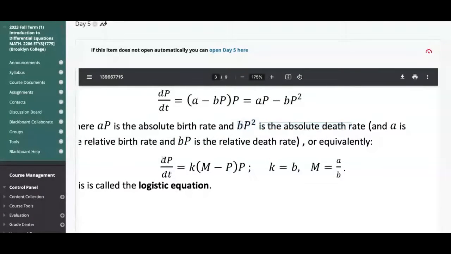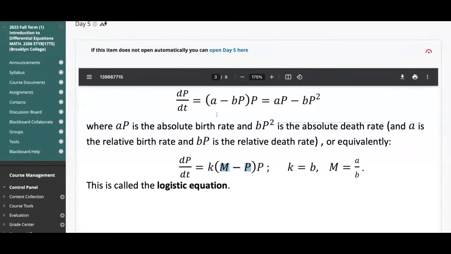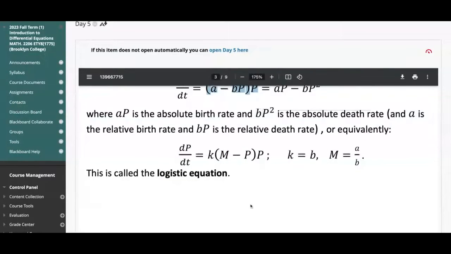Or equivalently, dP/dt equals some constant multiplied by (M minus P) times P. Just rewritten this one. All right. And this model we call the logistic equation.